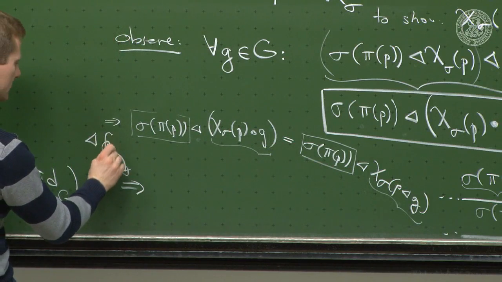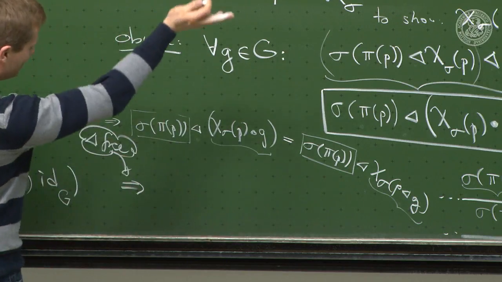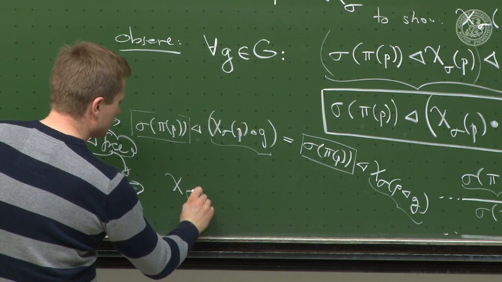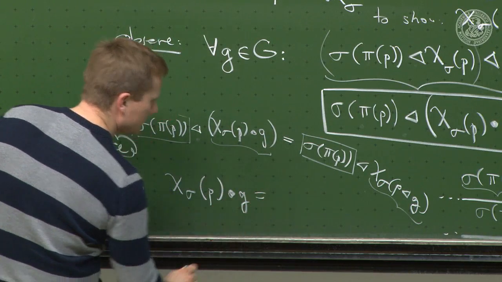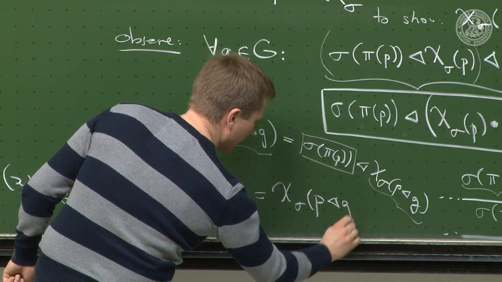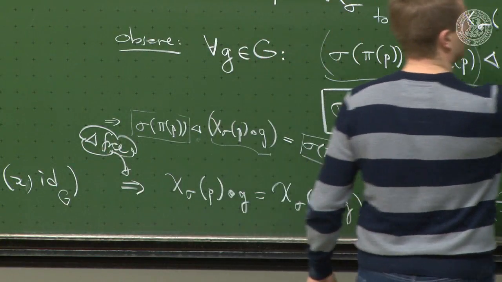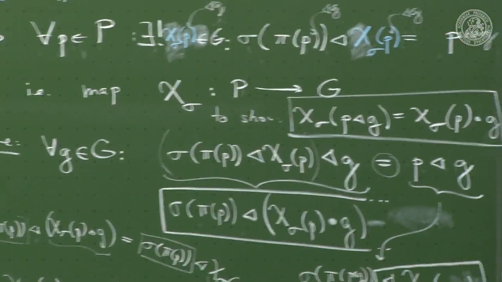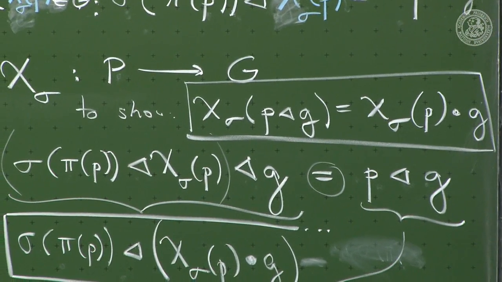So because this action is free, just use the definition again. That means that the group element chi sigma of P blob G ought to be chi sigma of P, action of G on the right, and this is what I wanted to show. Okay, good, good. So this is something we needed.